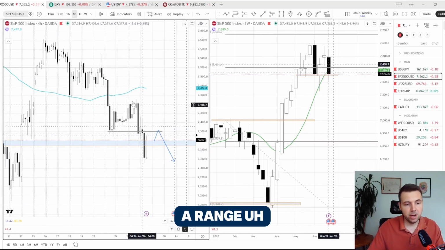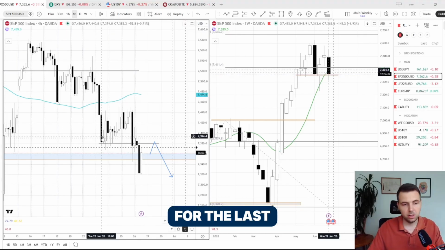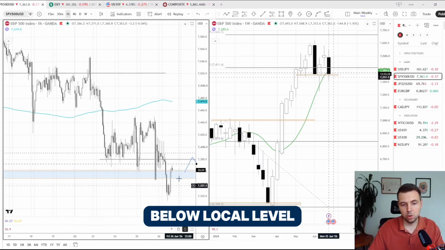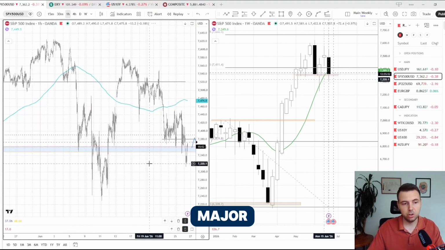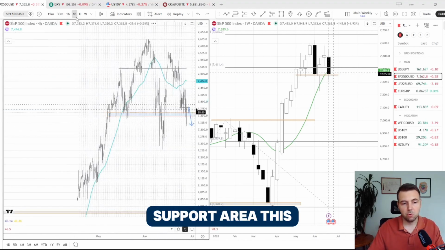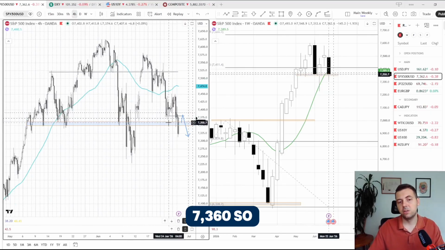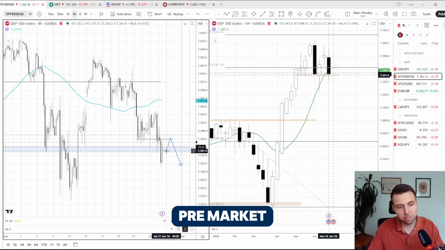We have a range that's been forming for the last few days, and we broke below the local level 7,380, and then we broke a major support area, this blue area, 7,360. So now there's an attempt to recover in the pre-market.